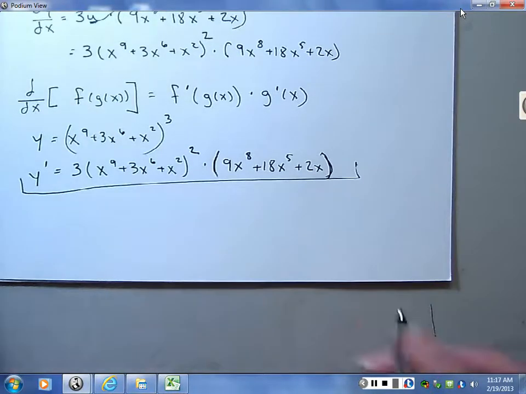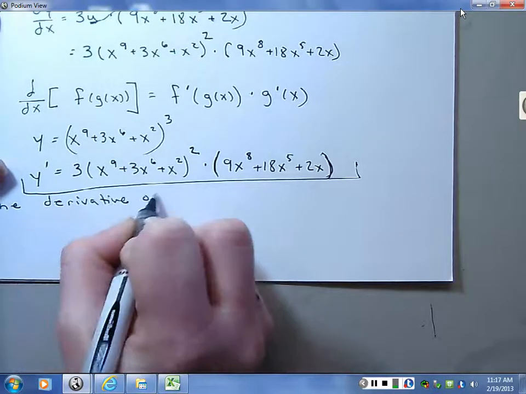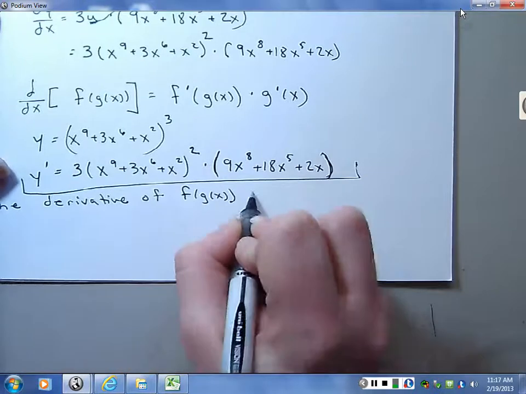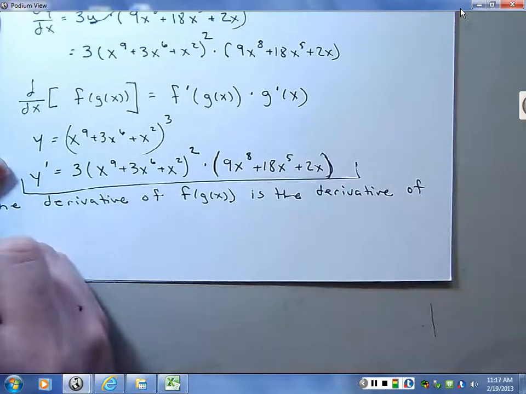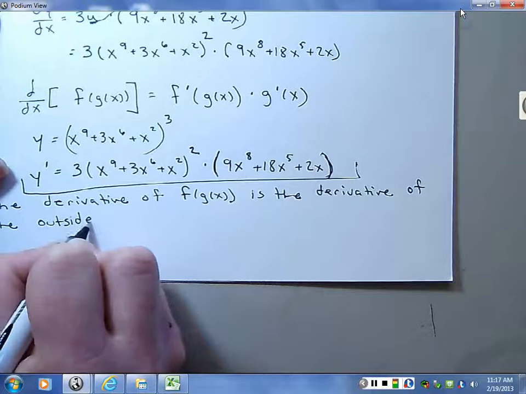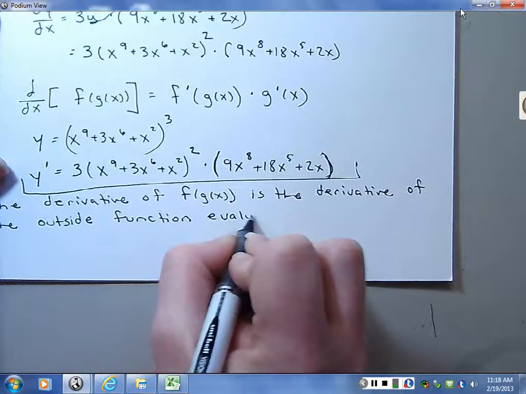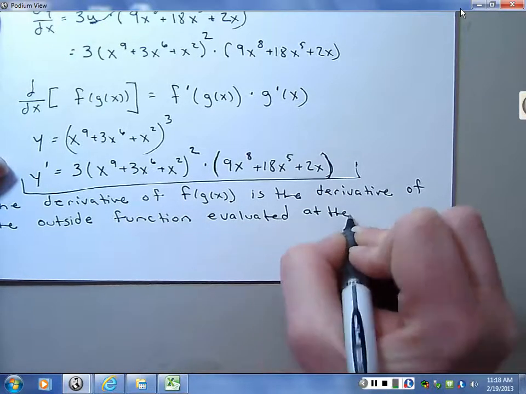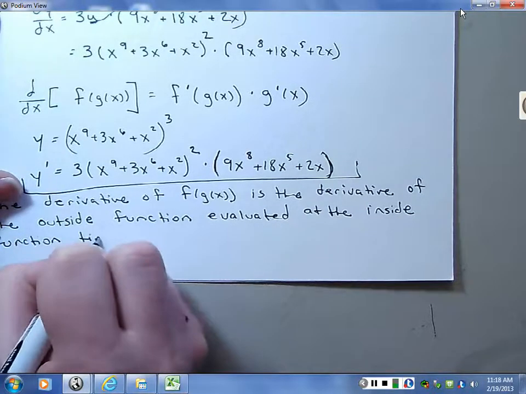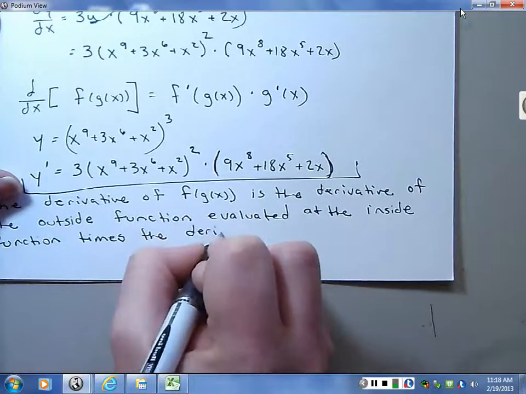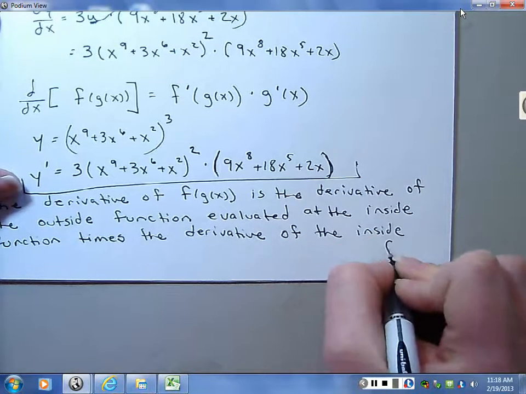So that might be kind of useful to write out. So the derivative of a composition is the derivative of the outside function, evaluated at the inside, times the derivative of the inside function.